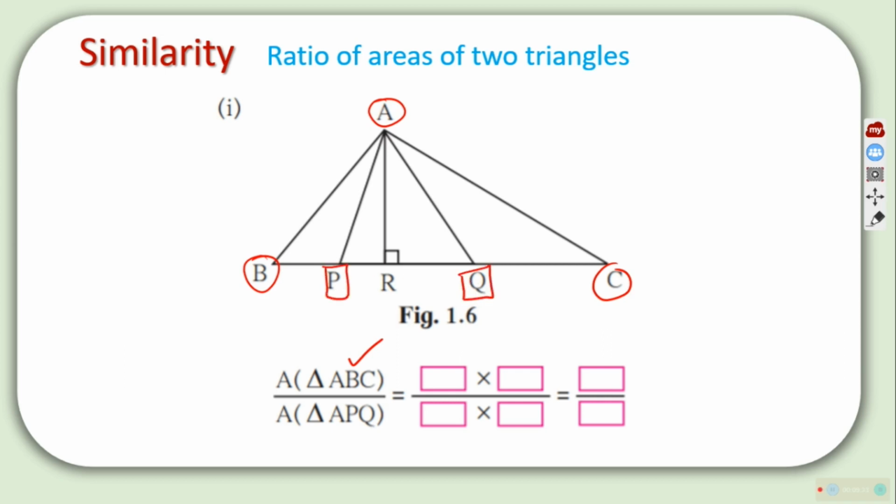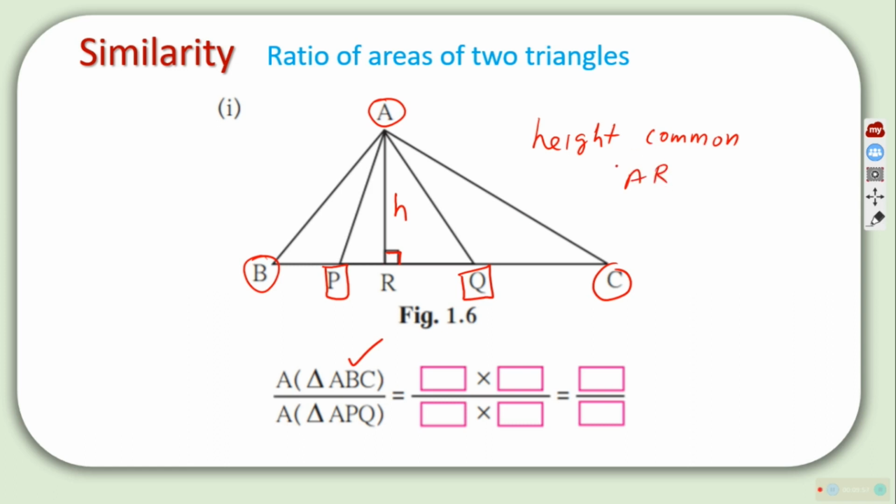By looking at these two triangles, ABC and APQ, one thing comes into my mind: the height of these two triangles from base to the opposite vertex, perpendicular. This is the height. Height is common, meaning the height is the same. And here the height is AR.